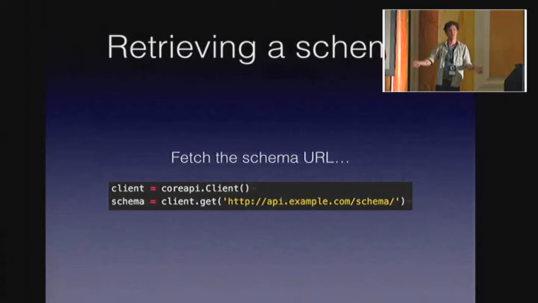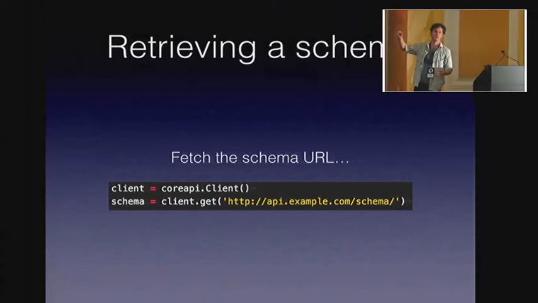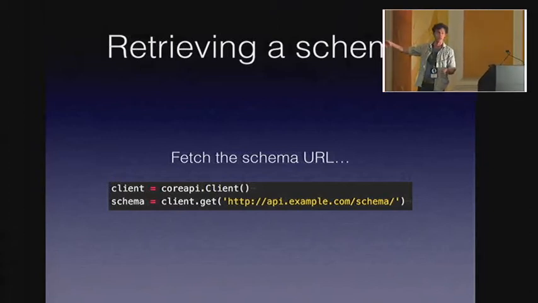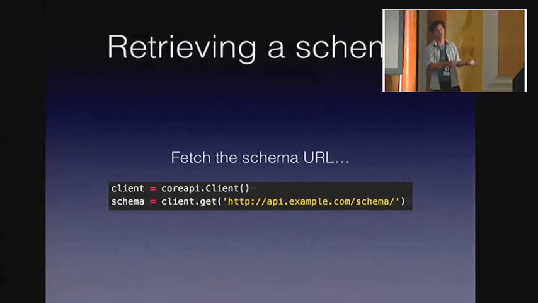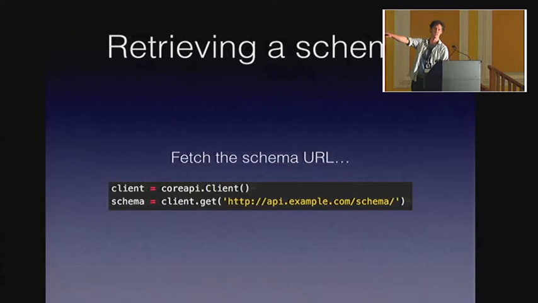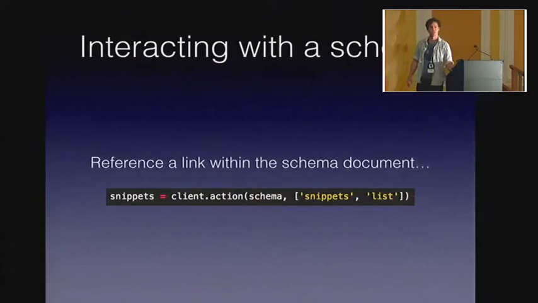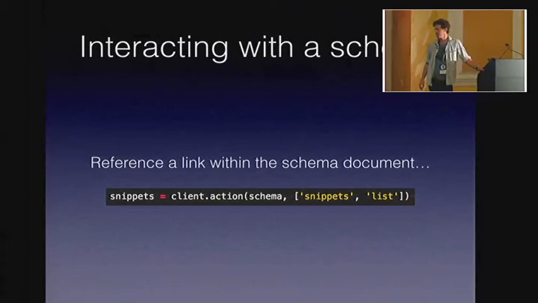And once the content has been decoded, in this case, let's say we have a Core JSON schema, the Core JSON codec will decode that byte string and return a document instance. So at that point, we have our schema document. And once we have a schema document, we can start to interact with the schema.